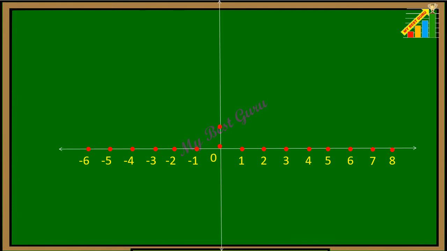Now the y coordinates for the y-axis are 1, 2, 3, 4, 5, 6, 7 and the minus part is -1, -2, -3, -4 and -5.